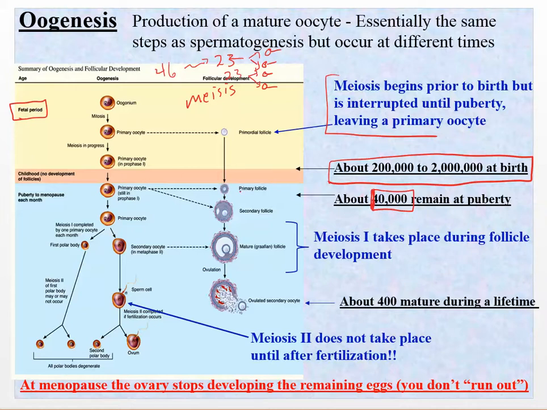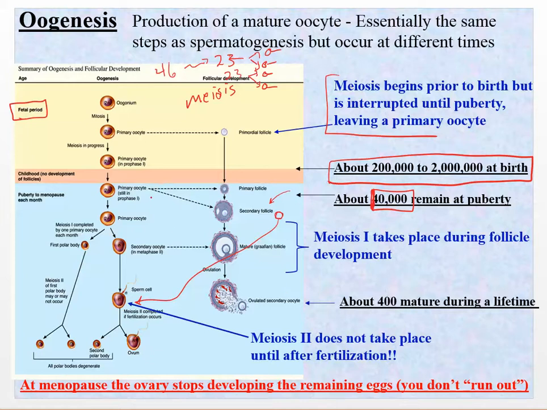At puberty, each one at a time, usually, will start to develop, in the follicular phase, into a mature oocyte, and ovulation will occur, and then it gets fertilized.